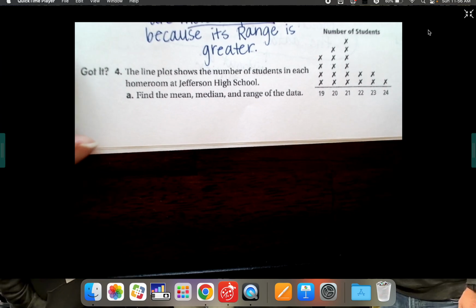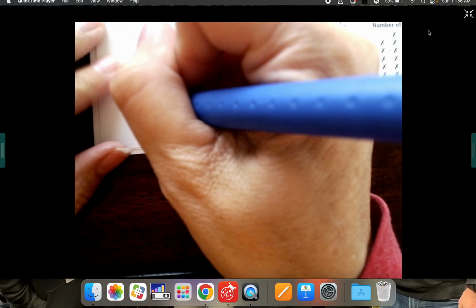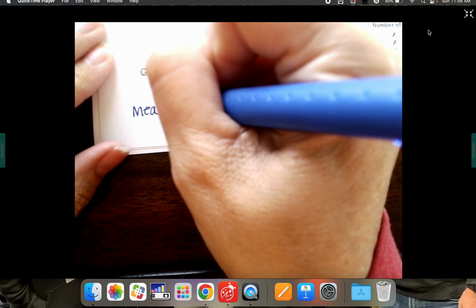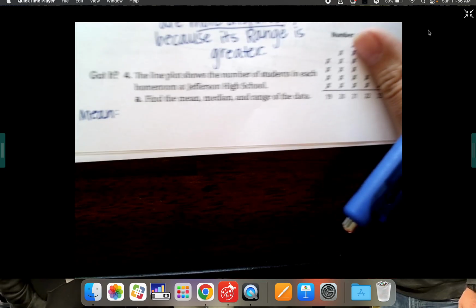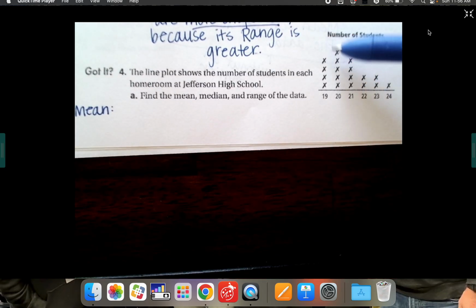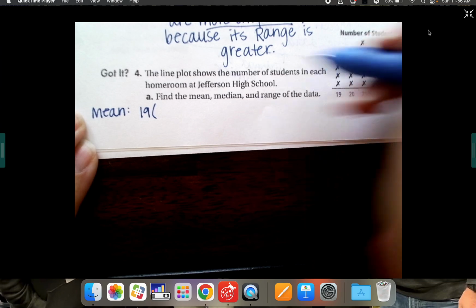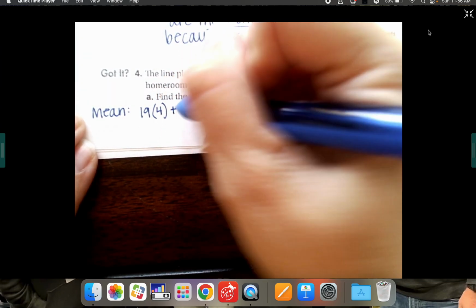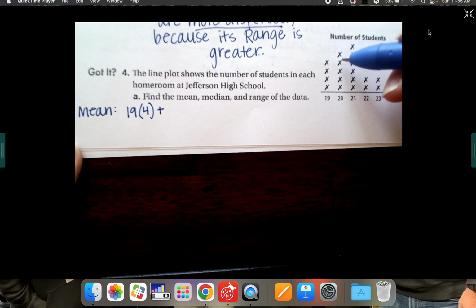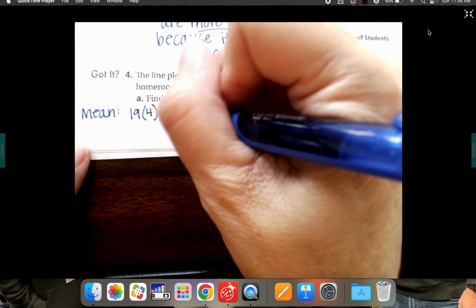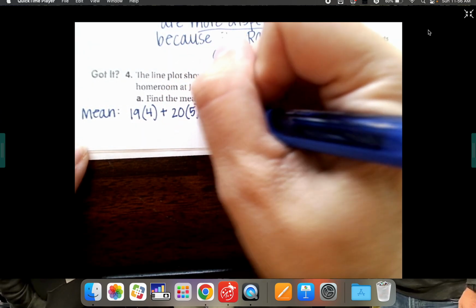Okay, so the mean is going to take up the most space because that's a lot of numbers added and divided by how many are there. So I'm going to add 19 four times, plus 20 five times.